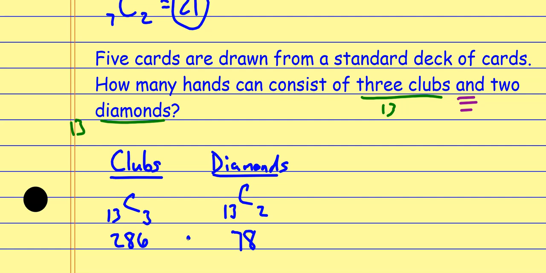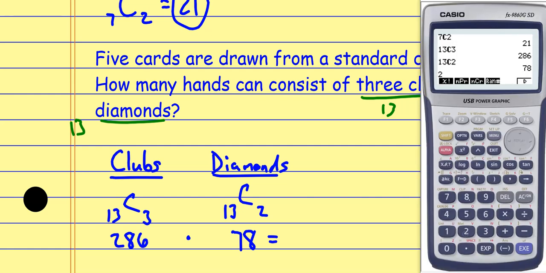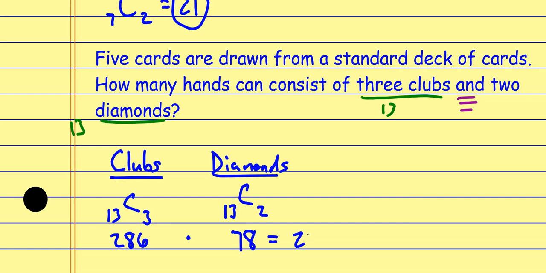How many ways can I get those 2 events to happen together? I multiply. That's my fundamental counting principle. Okay? So the 286 times the 78. So to get all those things to happen together, it's 22,308 possibilities. So again, if order matters, I'm going to use a permutation. And if order doesn't matter, I'm going to use a combination. Okay?